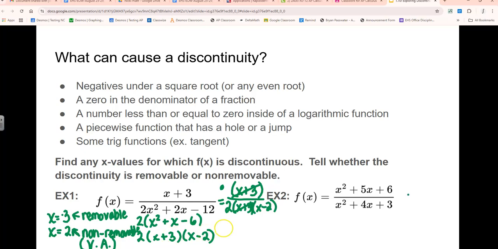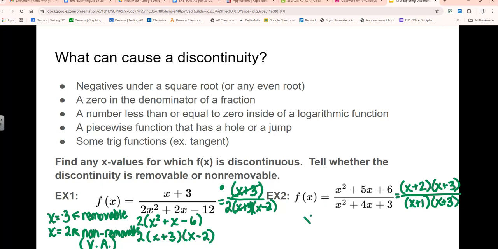So if we look real quick at the second one here, that top will factor into (x plus 2)(x plus 3). And on the bottom, that'll factor into (x plus 1)(x plus 3). It is important to remember for this, your discontinuities only come from the denominator. It's okay to have a 0 in the top.